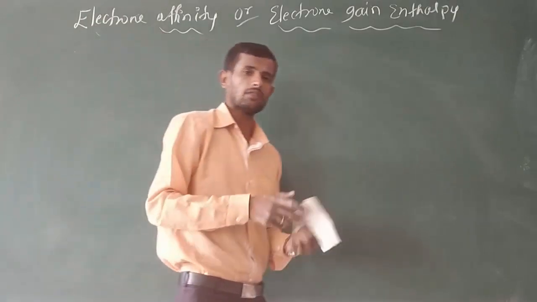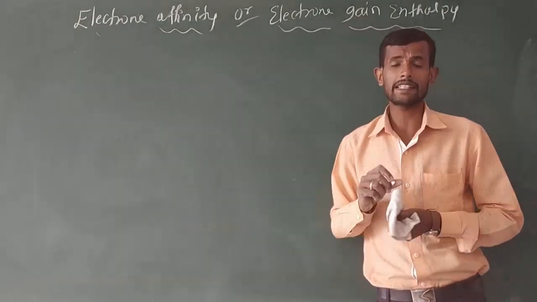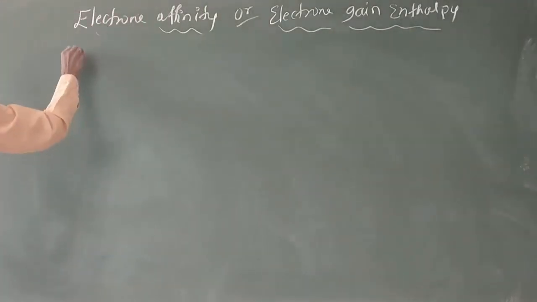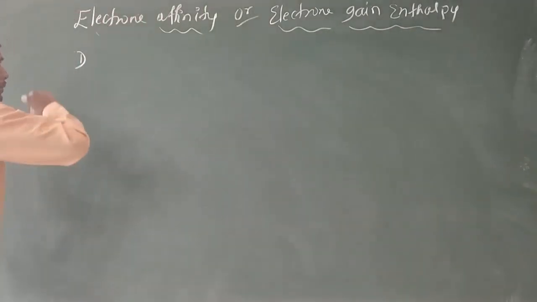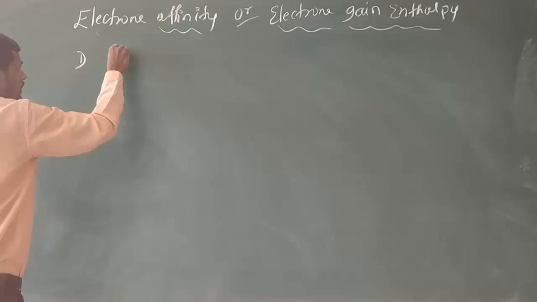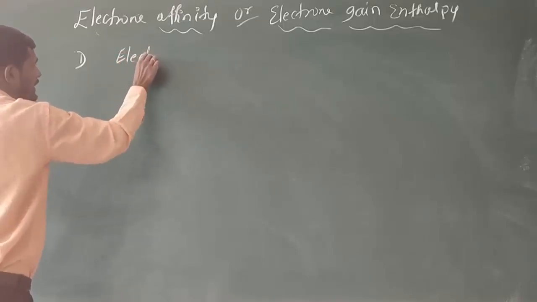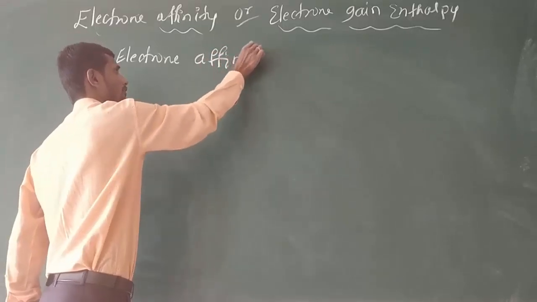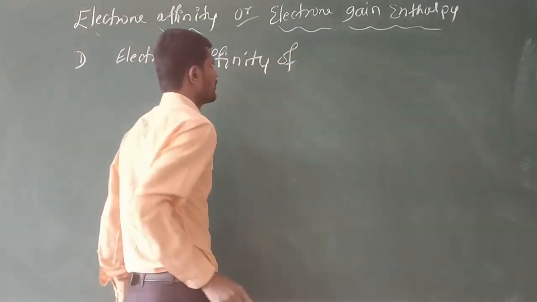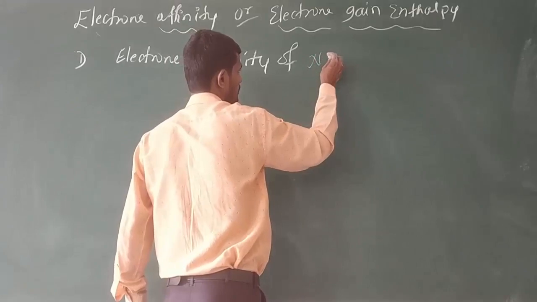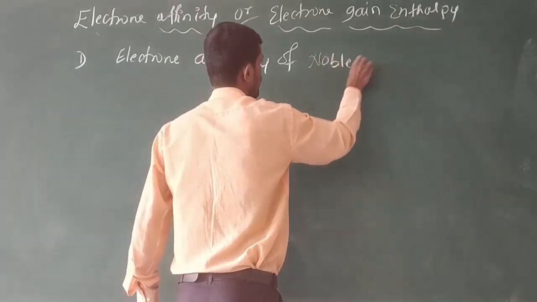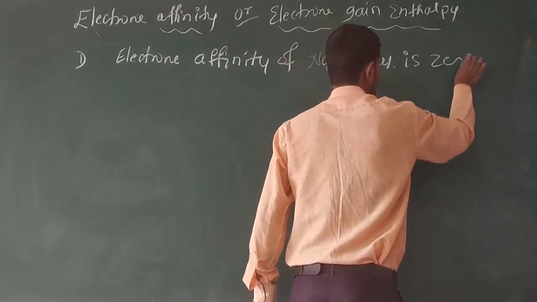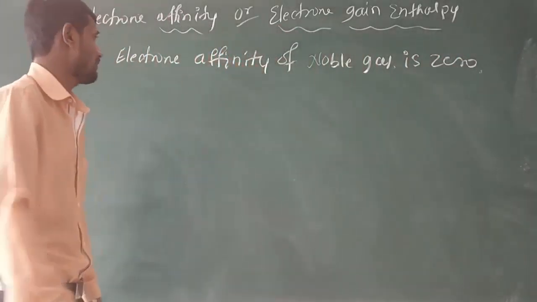Okay students, now some more points related to this electron affinity. See carefully. In that, the first one: electron affinity of noble gas is 0. Why? Think yourself.